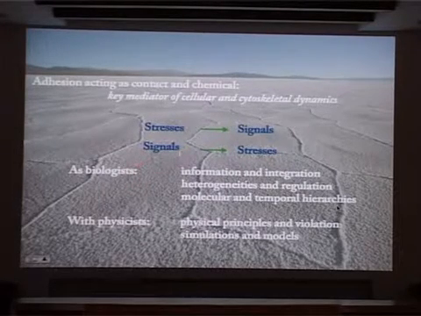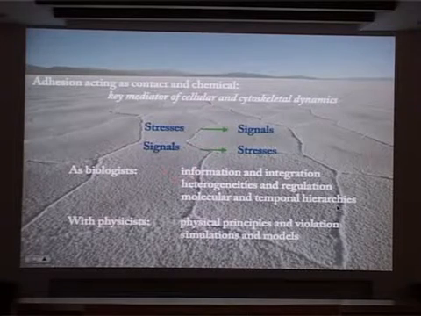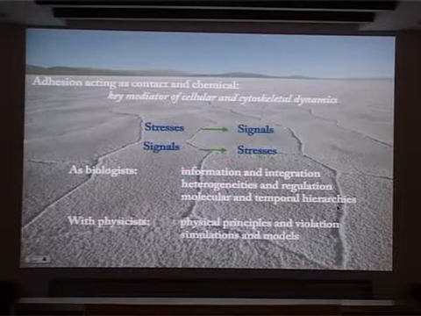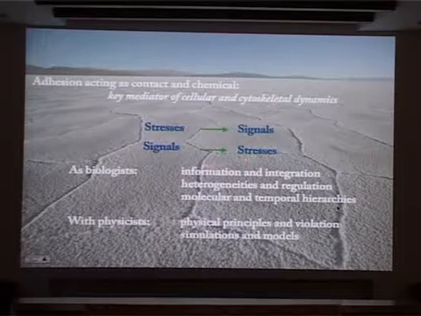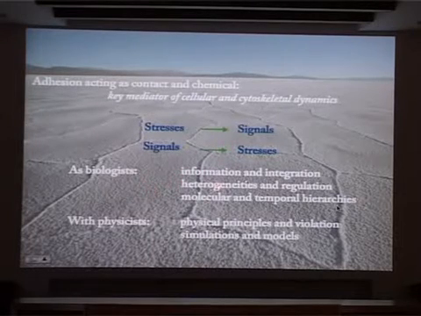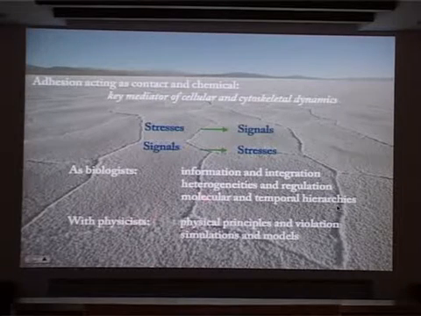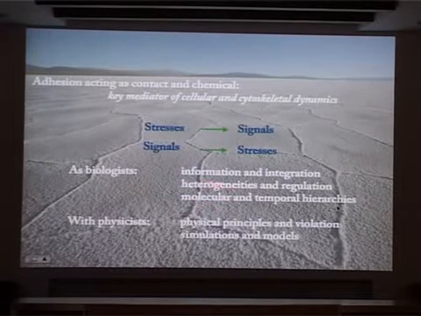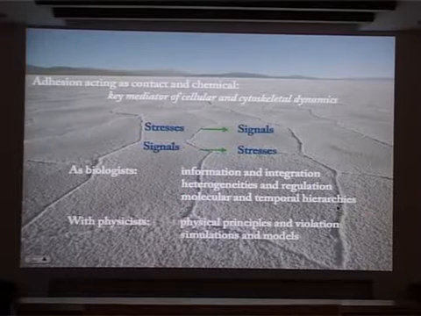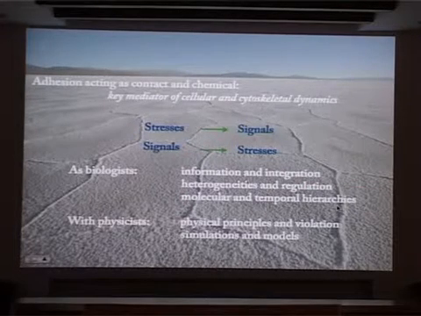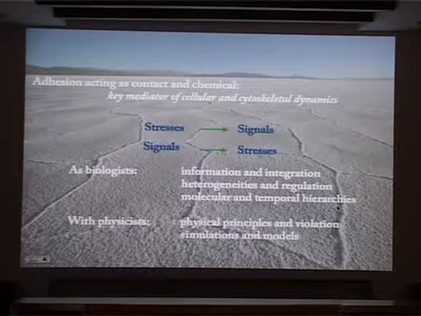So as biologists, we've really focused on understanding how information is integrated to allow heterogeneities and regulation of cell behavior. We're focused on understanding what the molecular and temporal hierarchies are that allow the evolution of patterns.